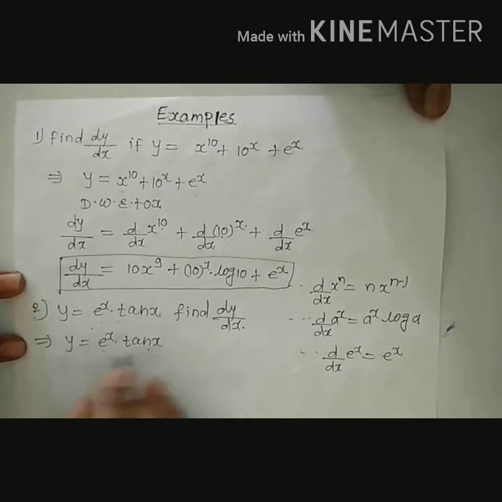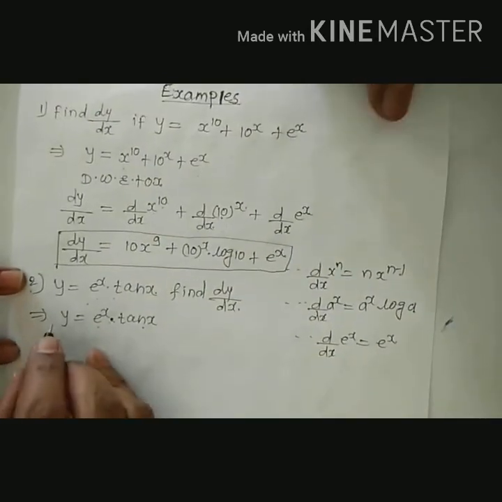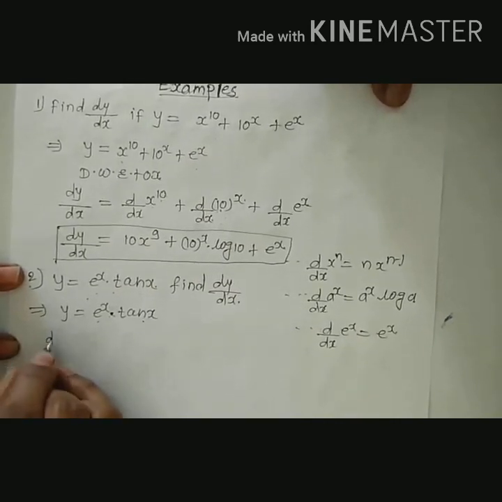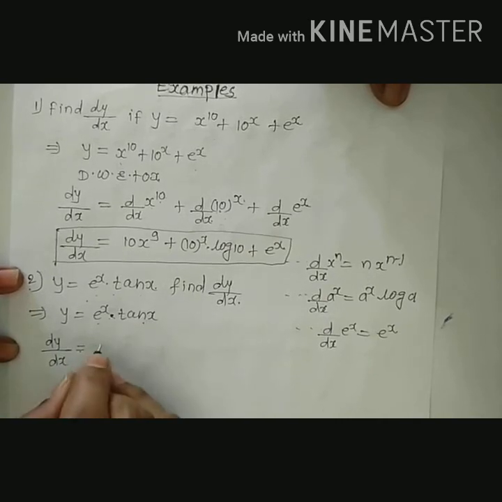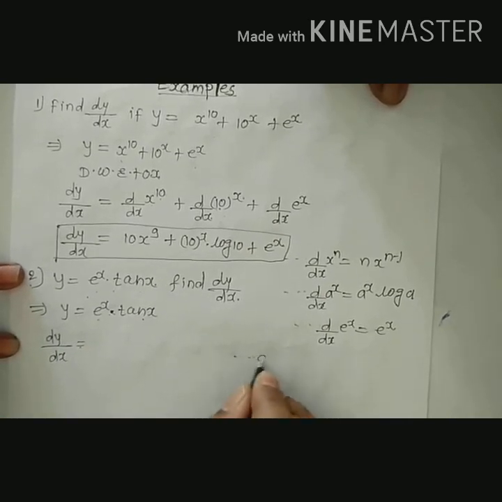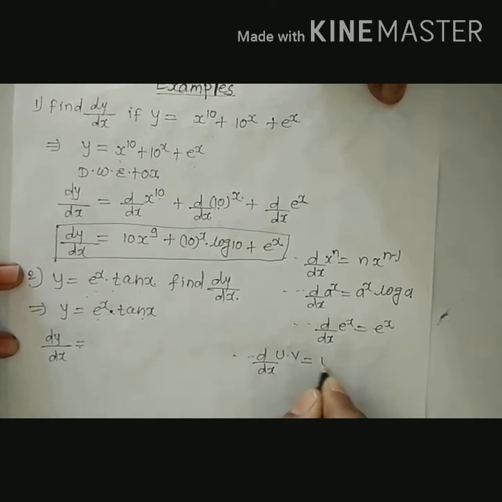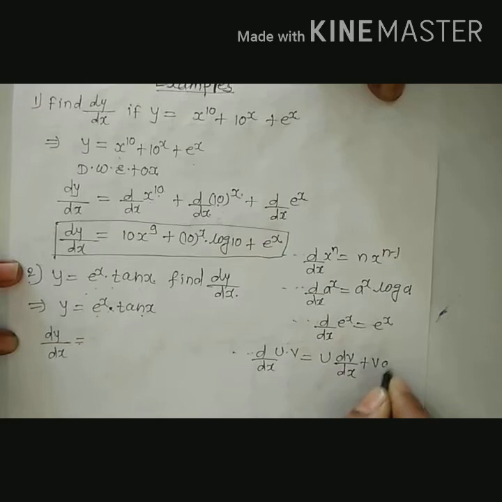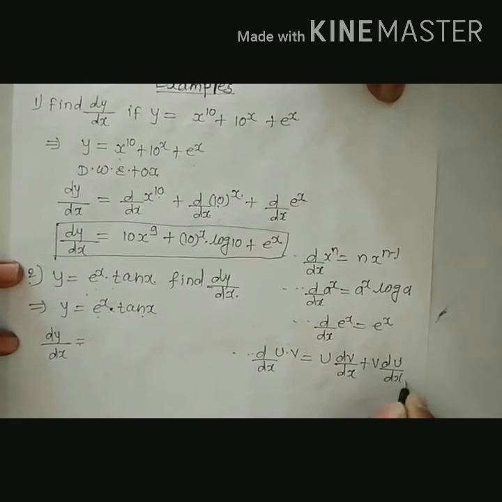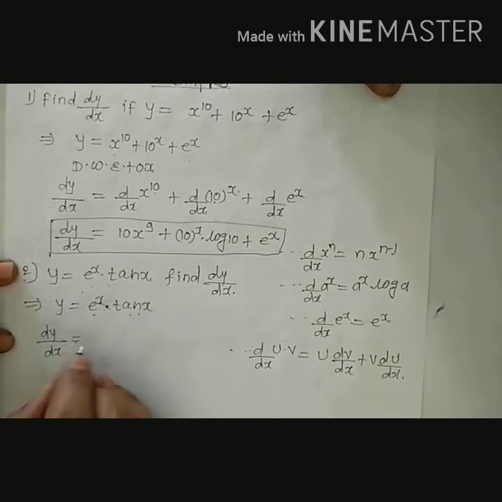Here there are two functions but between them is a product. Therefore we use the product rule. We know the product rule: dy by dx equals u as it is into derivative of v plus v as it is into derivative of u. Here e raised to x is the u function and tan x is the v function.